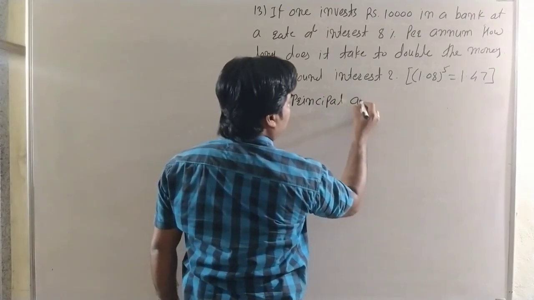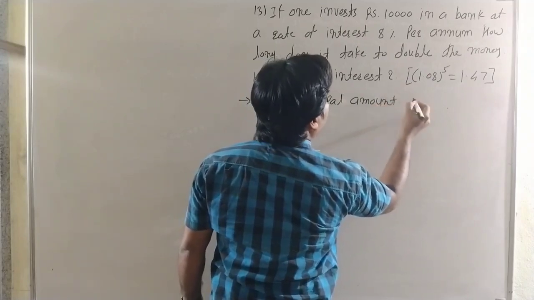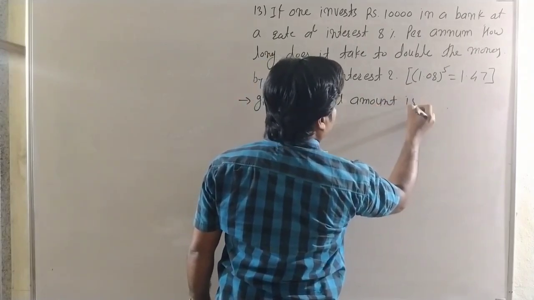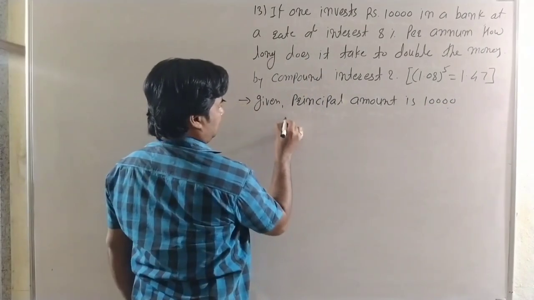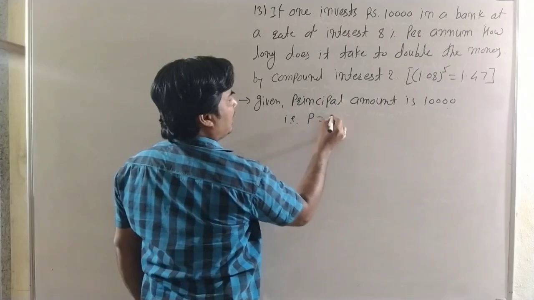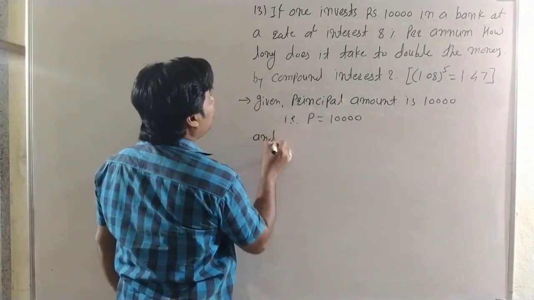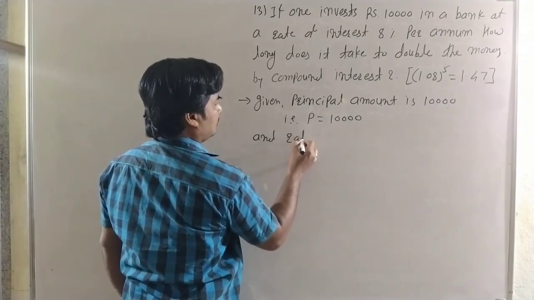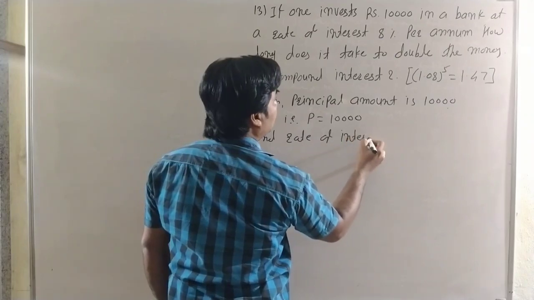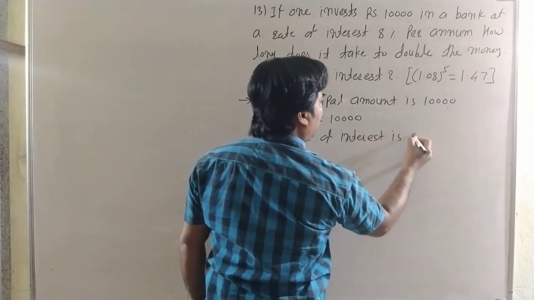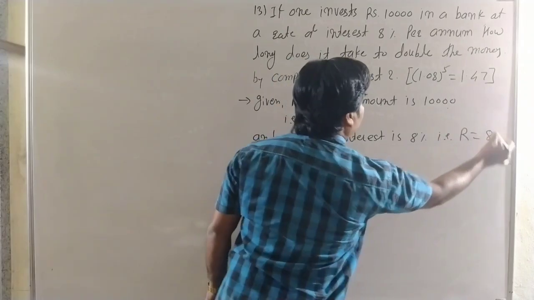Now here first the principal amount is 10,000, that is P is equal to 10,000, and the rate of interest is 8%, that is R is equal to 8.